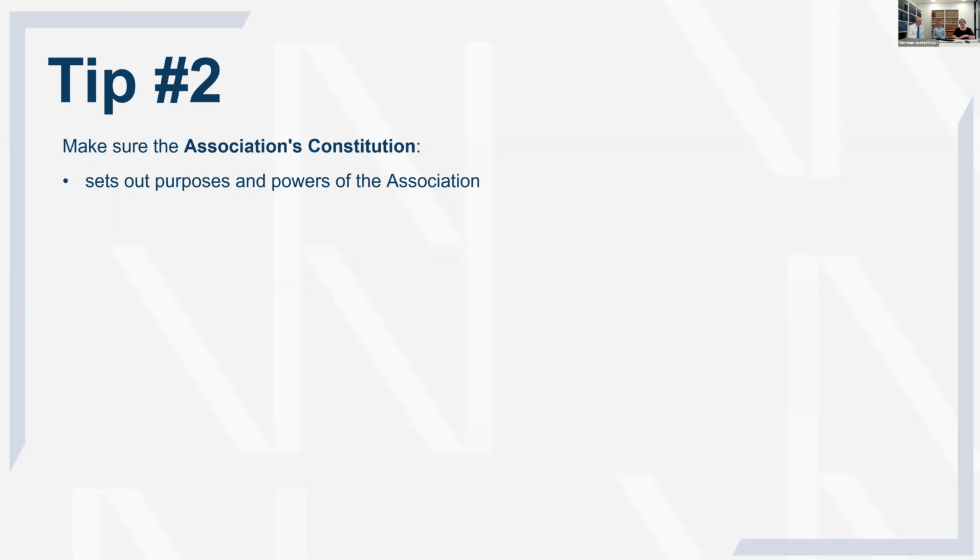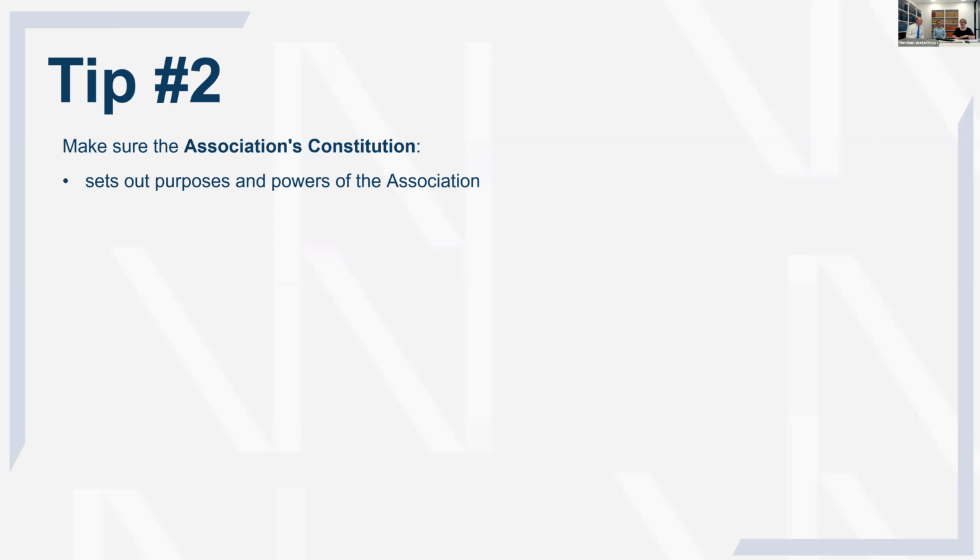But also, if you go outside those objects or those powers, then the board members or committee members are actually personally exposed. So make sure that the powers and the purposes are set out, that they're adequate, and that they actually reflect what the association is doing.